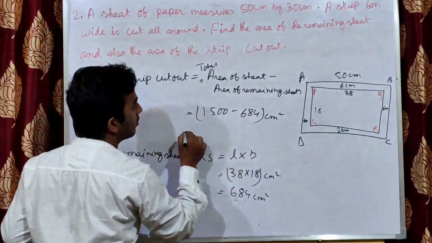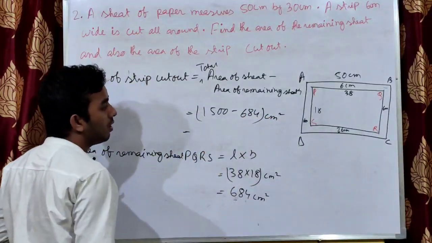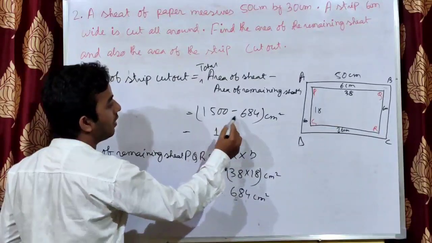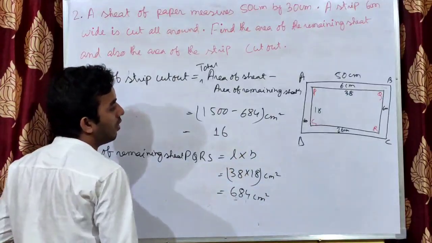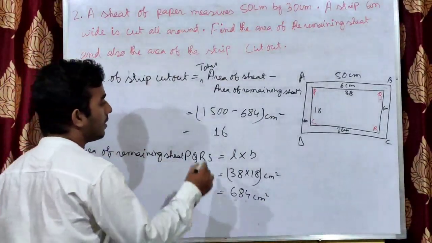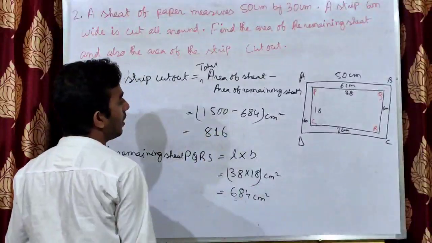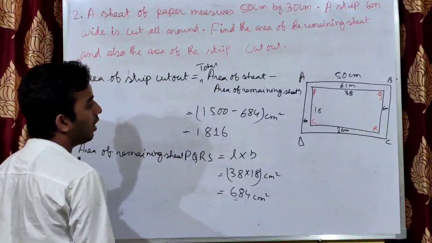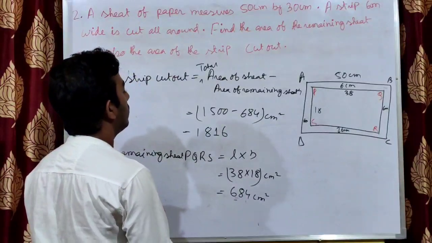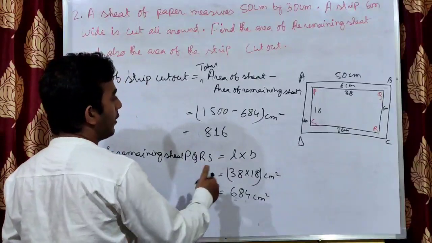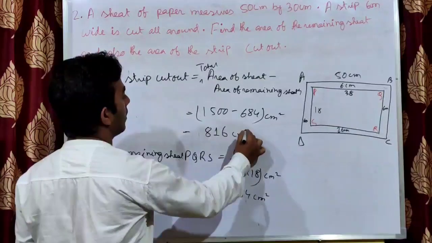Clear? Now if we subtract, 10 minus 4 is 6, then 9 minus 8 is 1, then 14 minus 6 is 8, then 1, 816. Clear? 816 centimeter square.